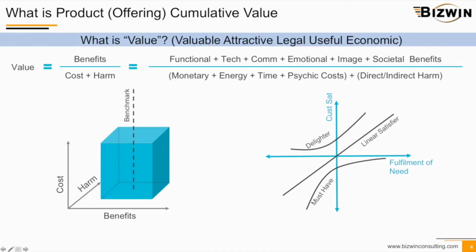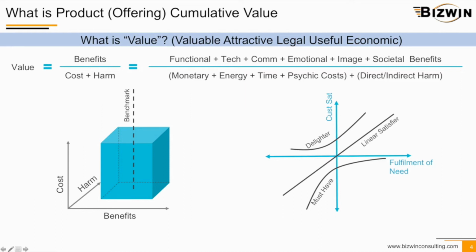I would also like to introduce the Kano concept here. Typically in any product or service, there are two aspects and we have plotted these two aspects in the X and Y axis. We call them fulfillment of need and customer satisfaction. So we have plotted fulfillment of need on the X-axis and customer satisfaction on the Y-axis.